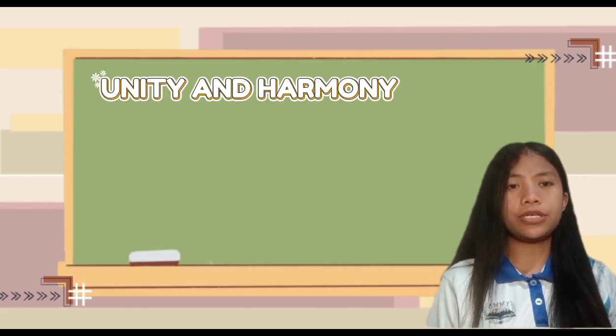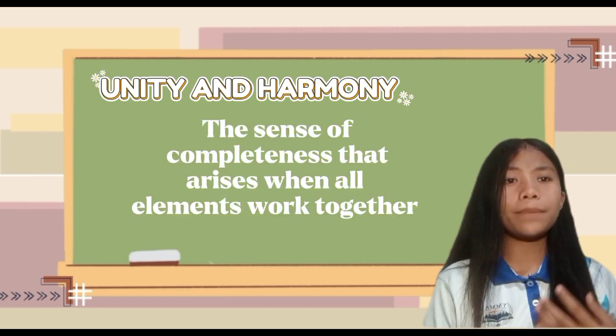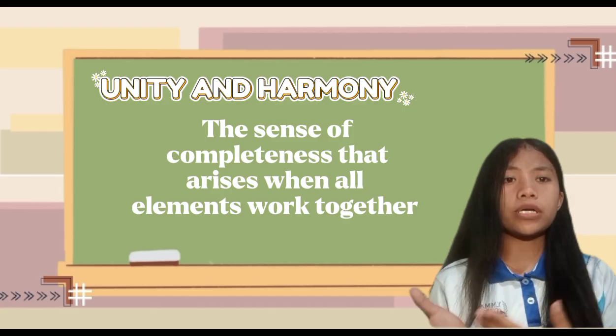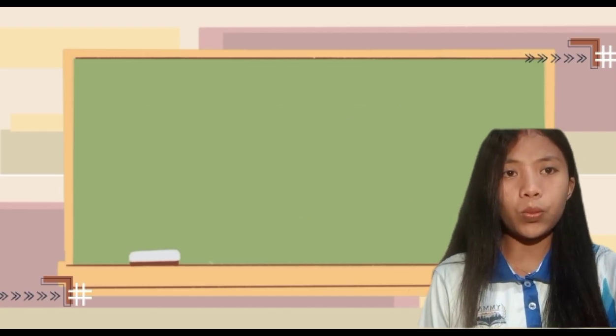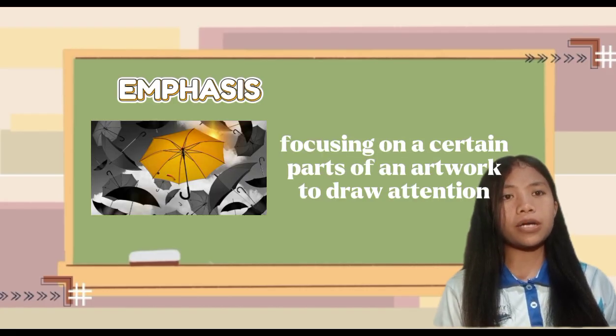Unity and harmony. Unity and harmony is the sense of completeness that arises when all elements work together cohesively. Emphasis. Emphasis is the focus on certain parts of an artwork to draw attention.